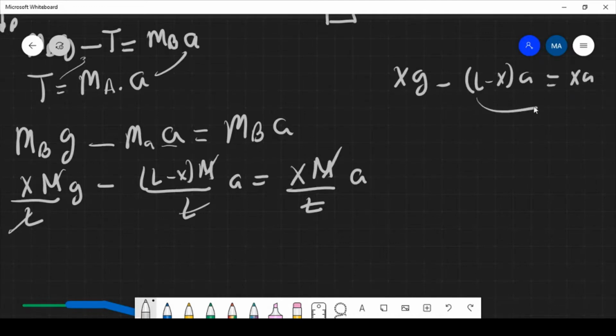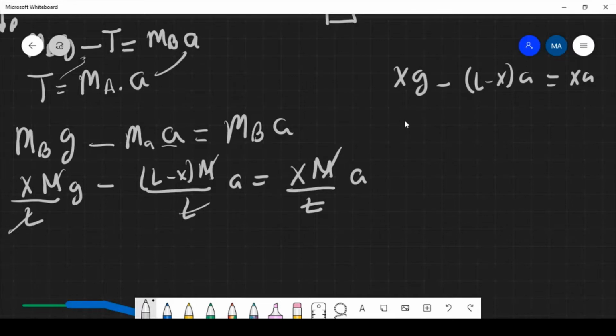So let's get this to the other side. Actually, we don't need to get this over here because we want A, right? So what do we get over here? XA.